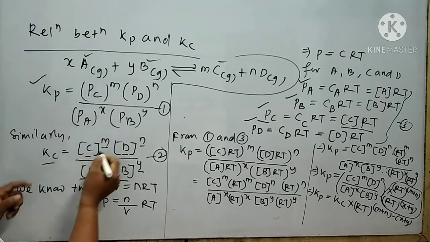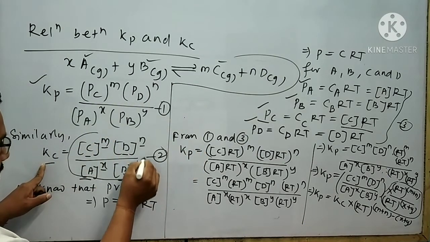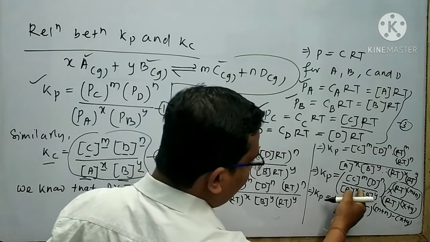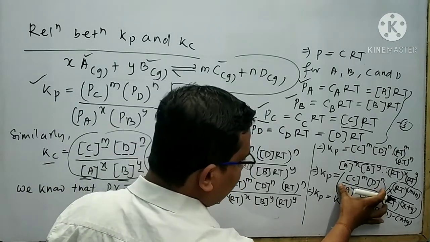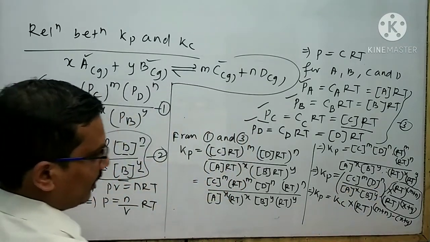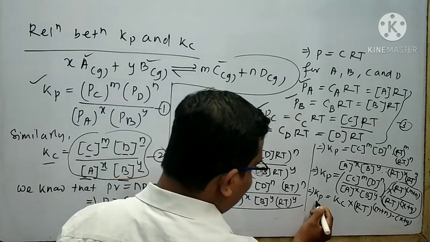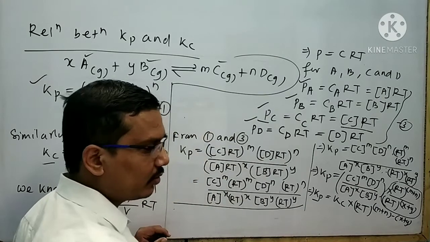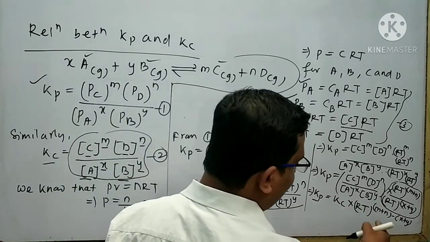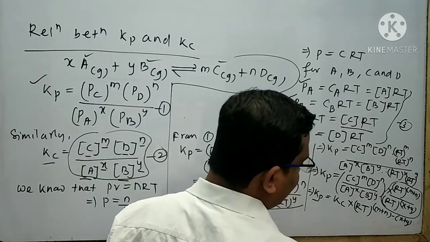Here Kc is equal to this amount which is already written here. So instead of this value, I can write Kc. So finally I can write Kp equal to Kc into RT to the power M plus N minus X plus Y.